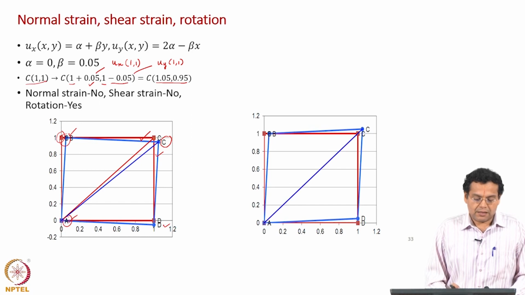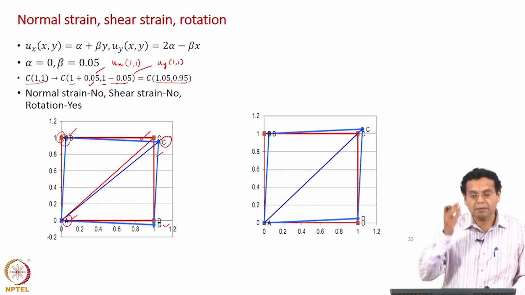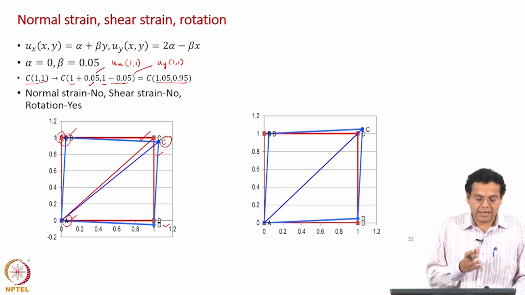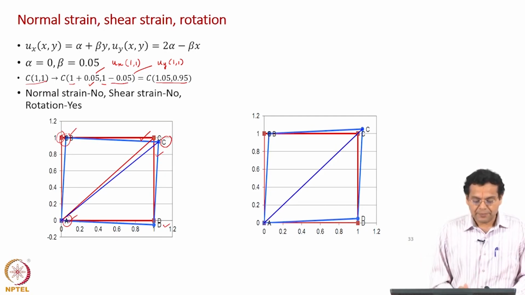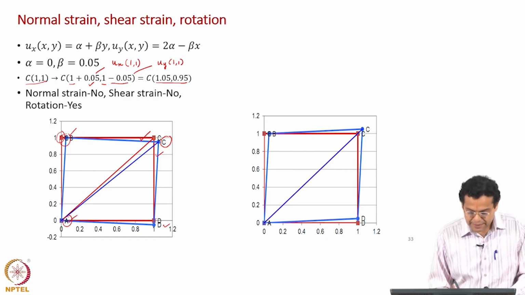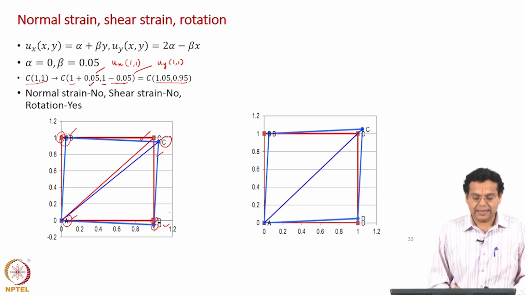Here because I have taken 0.05, it may look like there is a change, but remember beta is an extremely small value. So, there is no change in that length, which means that there is no normal strain. Similarly, if you take A and D, once again there is no change in length. So, there is no normal strain along x axis, along y axis.